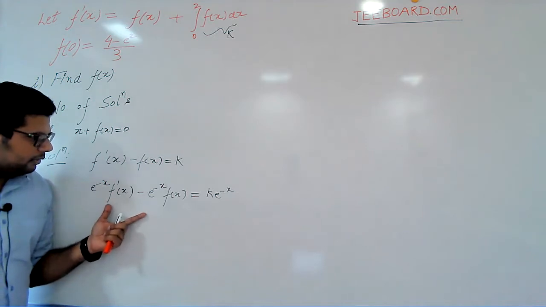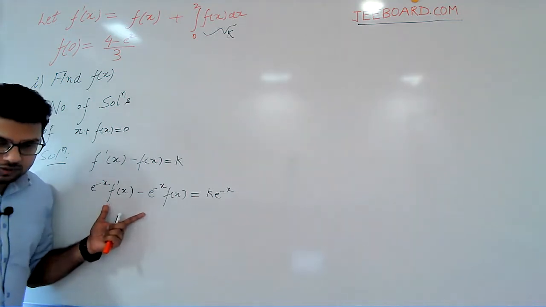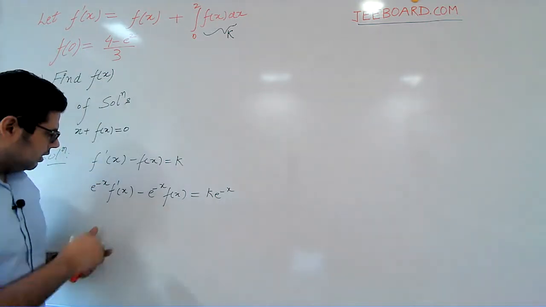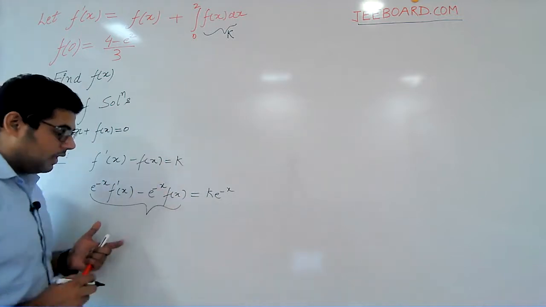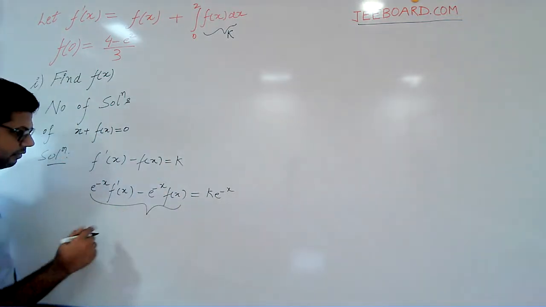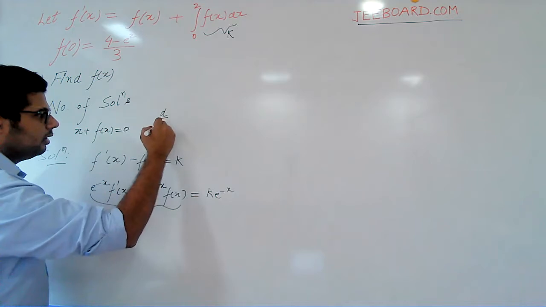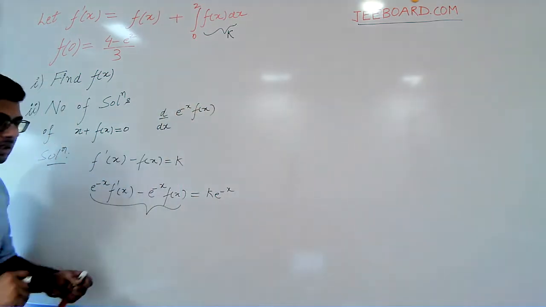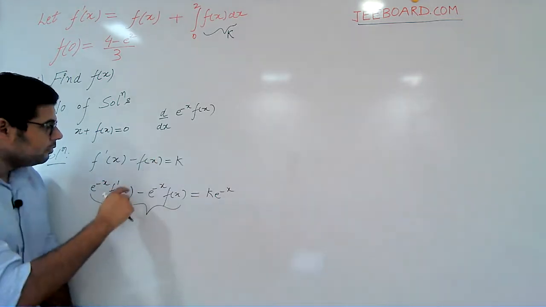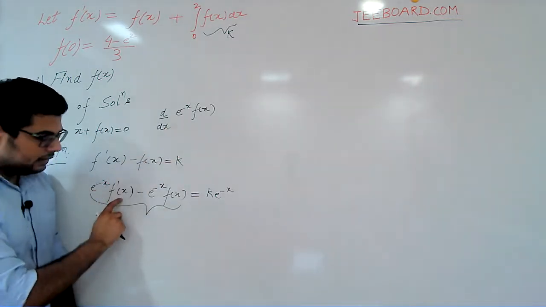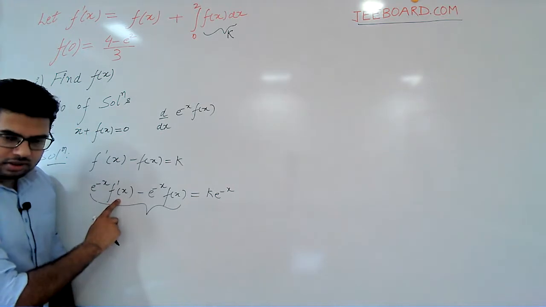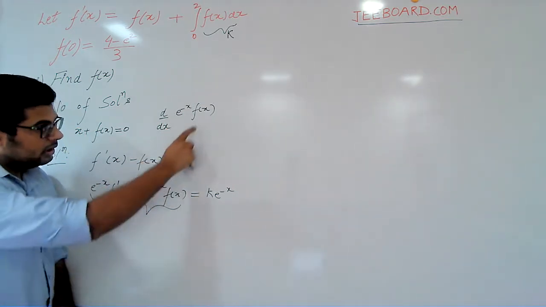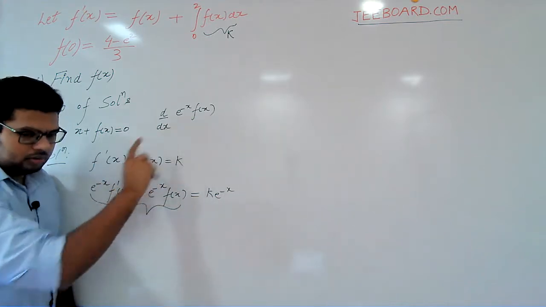Now, if you take the derivative of this function, d by dx of e raised to the power minus x into f x, using the product rule: e raised to the power minus x times the derivative of the function, plus the derivative of e raised to the power minus x times f of x, treated as constant.